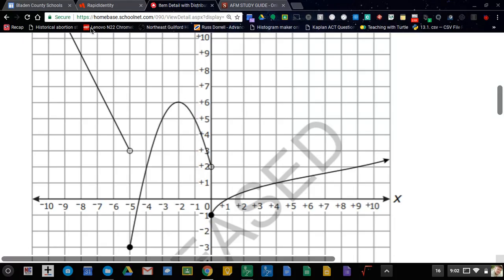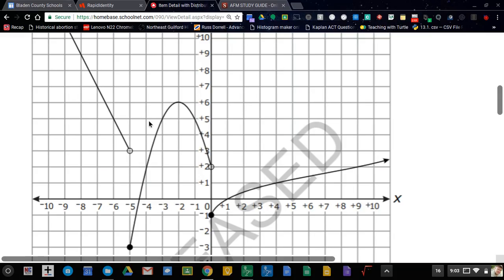I also see that I have what type of graph listed first? It's linear. Is it a positive or negative slope? It's a negative slope. If you are going from left to right and that graph is decreasing, that's a negative slope. What about this?